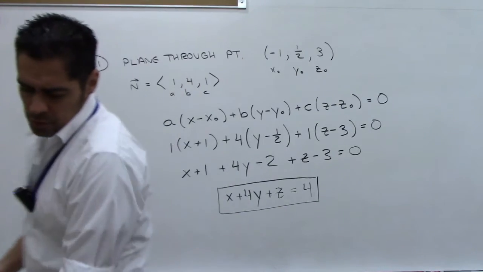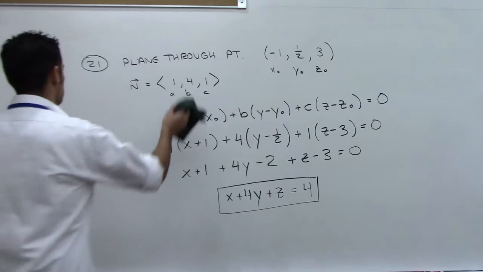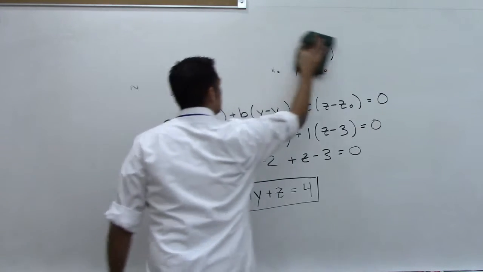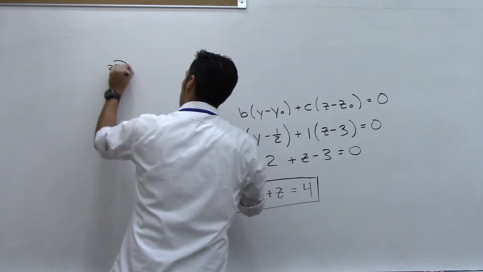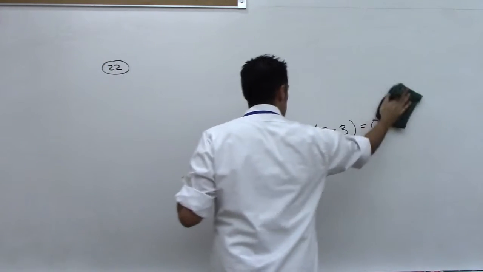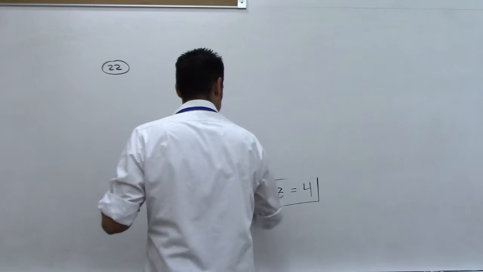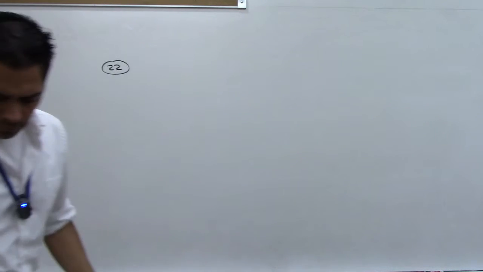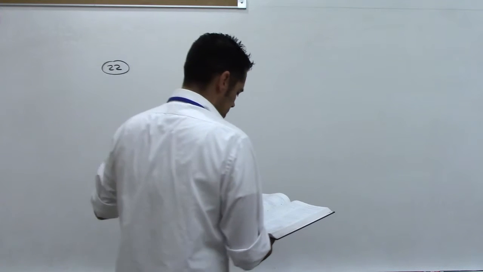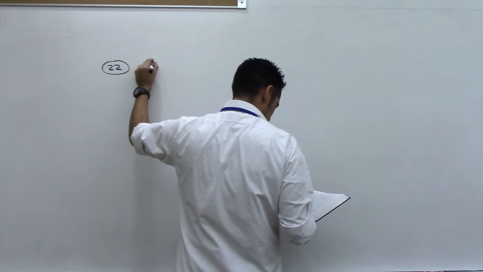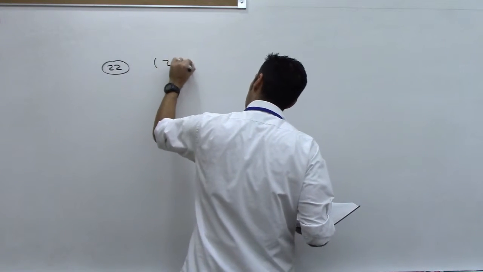All right, let's look at number 22. That problem was about as easy as they get. Find the equation of the plane through the point. So they give you a point (2, 0, 1).